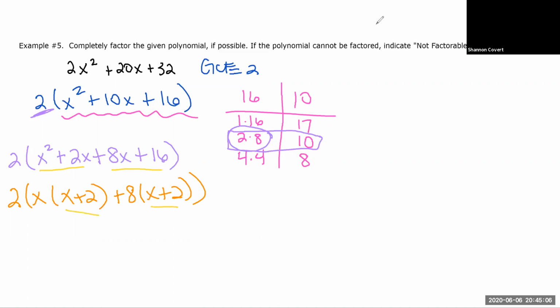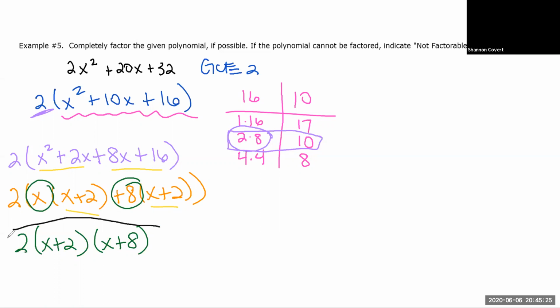There's our common factor. Keep that 2 out there. x plus 2. The other parentheses is going to have the x plus 8. All right, and if you wanted to, you can check this. I highly recommend it. But there we have our answer.